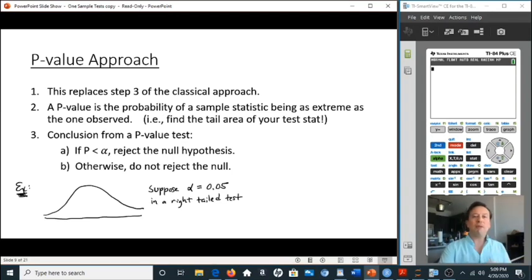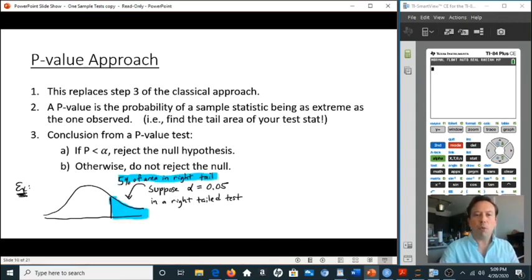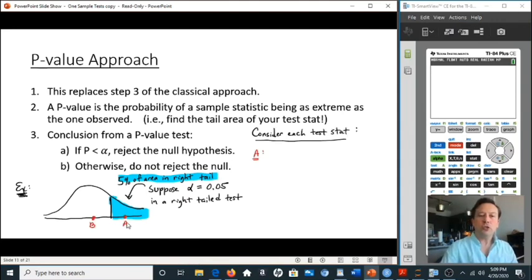All right, so let's say we have a right-tailed test, and let's also suppose that alpha is 0.05. What does that mean, that alpha is 0.05? That means 5% of the area is in the right tail, because this is a right-tailed test example. Now what we're going to do is consider two statistics, which we don't know, but we know they're positioned here. We know that A is in the HA tail, so that means we're rejecting H0.